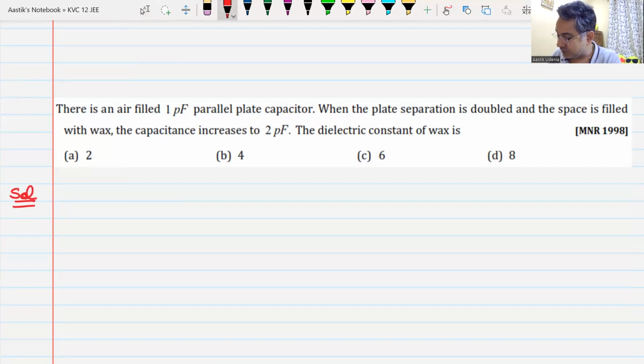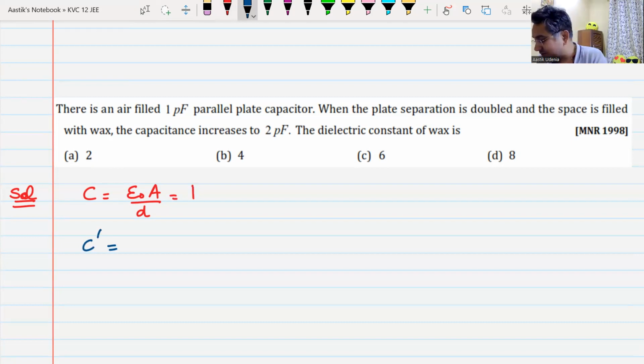How are we supposed to do this? Capacitance is epsilon naught A by D. This is the original capacitance, given as 1 picofarad. What is the new capacitance, C dash? It is K times epsilon naught A by 2D, and that is 2 picofarad.